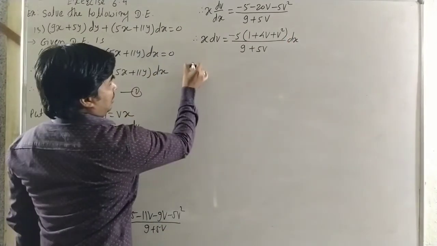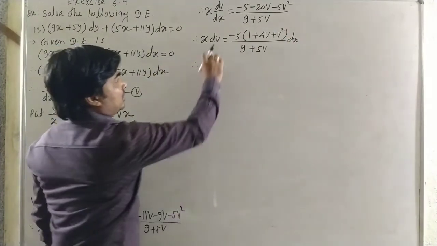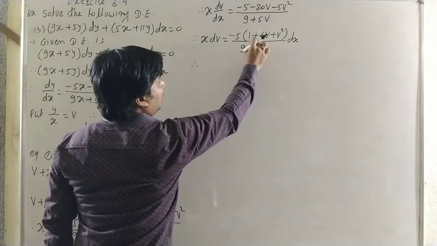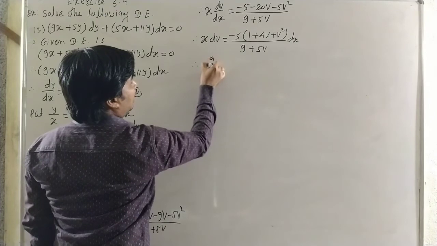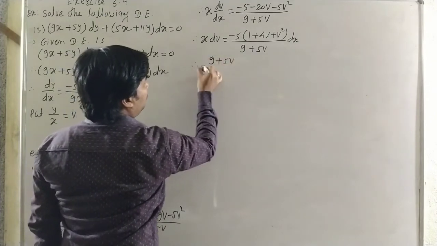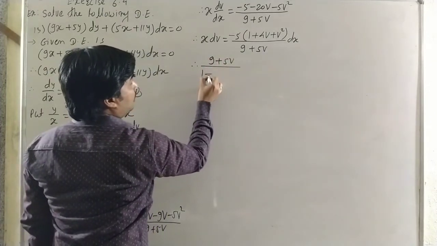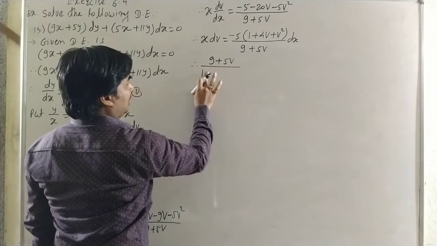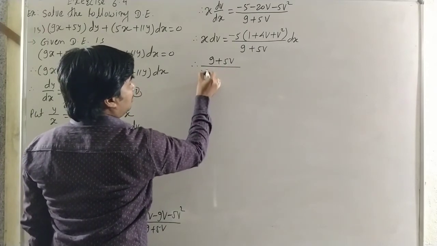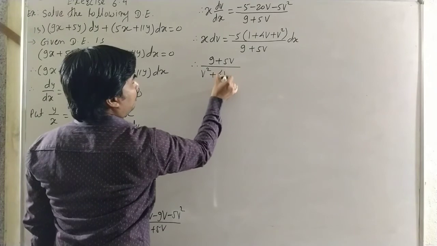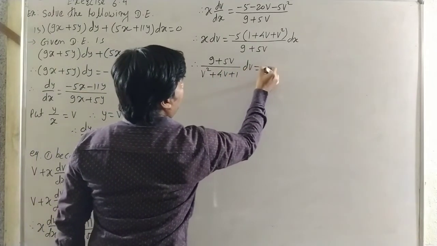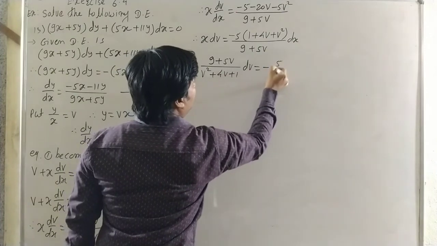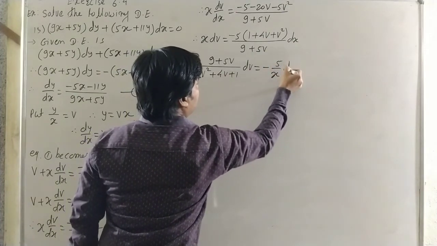Then separate the variables, it is dv and dx. The terms of v we write with dv, therefore it is (9 + 5v) upon (1 + 4v + v square), this we write (v square + 4v + 1), only this term, dv is equal to minus 5 by x dx.